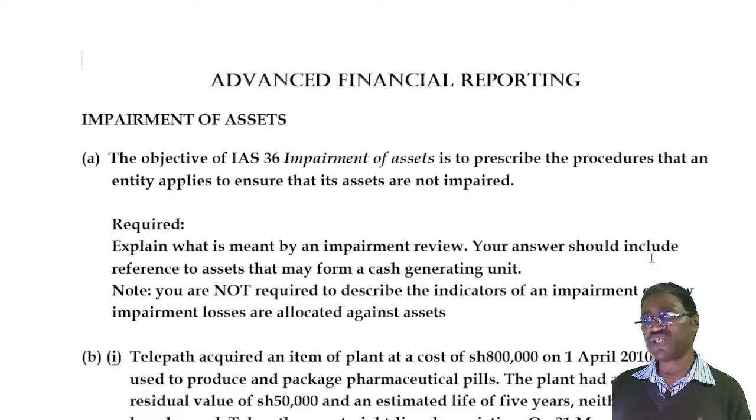Your answer should include reference to assets that form a cash generating unit.